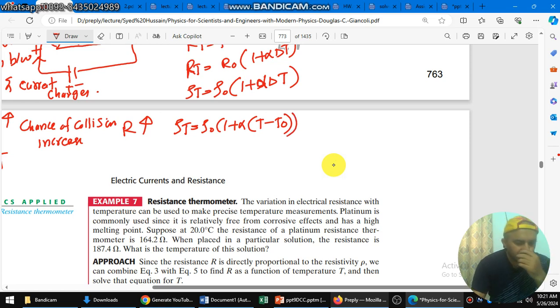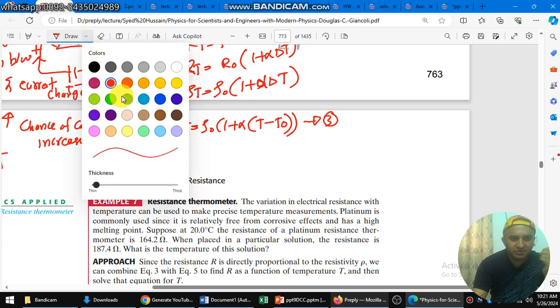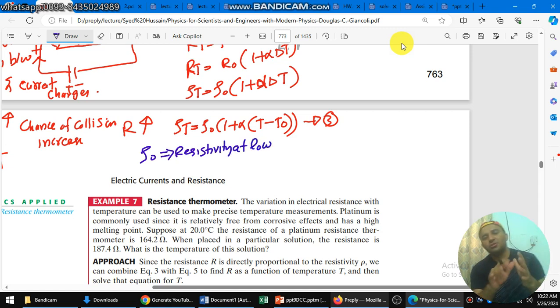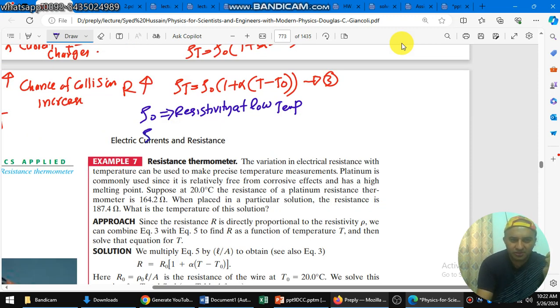Now I will discuss this formula, equation number 3. The first term, rho naught, is the resistivity at 0 degrees Celsius, or rather at a low temperature, not always 0, because sometimes the low temperature might be minus 10, minus 20, 2, or 1. So rho naught is the resistivity at low temperature, and rho T is the resistivity at high temperature.